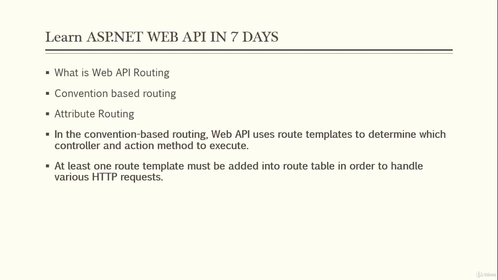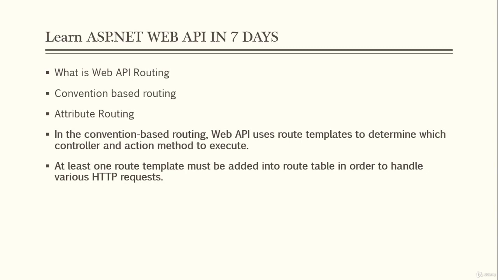In convention based routing, Web API uses a route template which is defined in one of its configuration classes, which we will have a look at in a few minutes. The template determines which controller and action methods will be executed when a particular API call is placed.